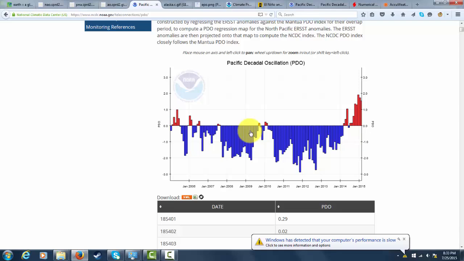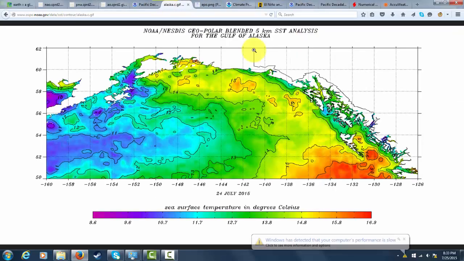Because positive PDO means warmer than normal temperature anomalies across the northern Pacific and off the coast of southern Alaska, which is what this shows, we have areas of water temperatures above 15 degrees Celsius or 59 degrees Fahrenheit, which is usually pretty warm in my book for the southern coast of Alaska.